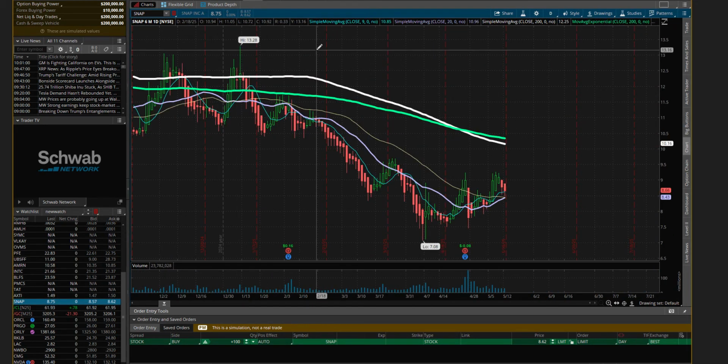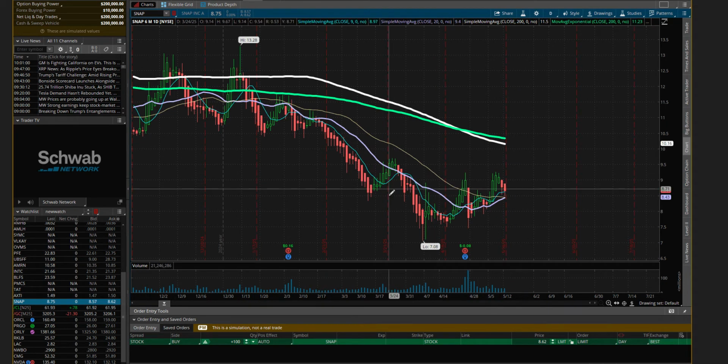This is Snap Inc., and this one's kind of choppy, bouncing around, but then you got your moving averages helping you make a decision, even though you know you're still in the bear market. You got the 20 and the 9 helping you with those support areas as the trade turns around and starts to try to head back up.